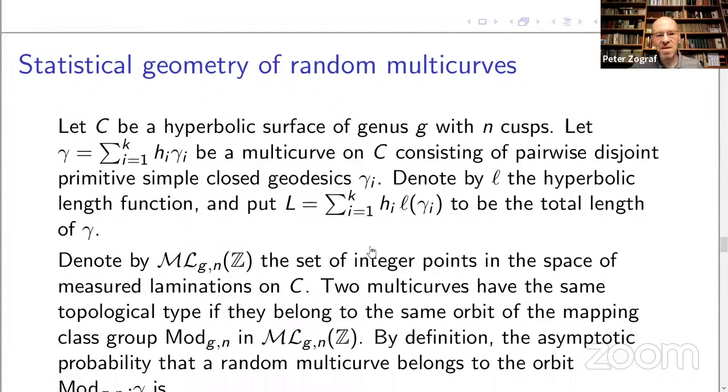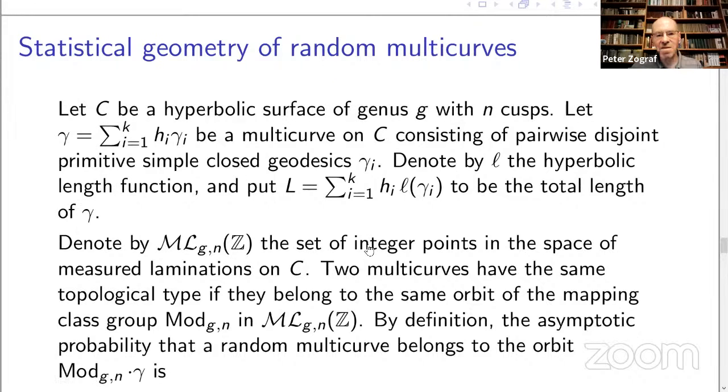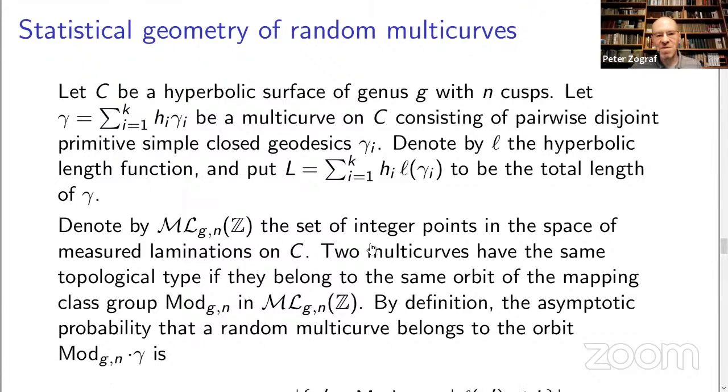Now denote by ML_{g,n}(Z) the set of integer points in the space of measured laminations on C. Two multicurves have the same topological type if they belong to the same orbit of the mapping class group in the space of integer points.